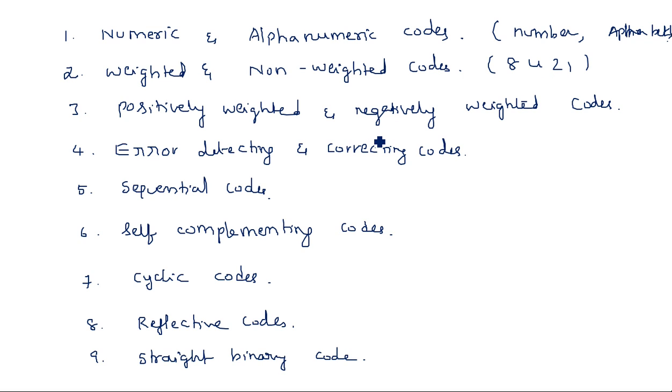And error detecting and correcting codes. Error detecting and correcting codes are used to identify where the errors are in the given number. And one more is cyclic codes. All these coding techniques are used in the transfer of information from one place to another place. Suppose in a communication, when we are transmitting bits of information from one place to another place, a long distance, then what we need to do?